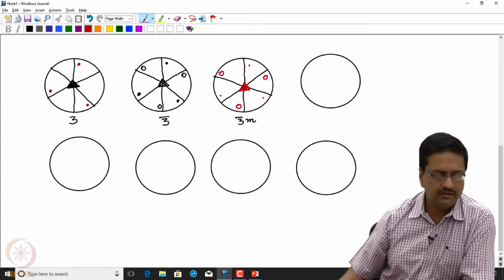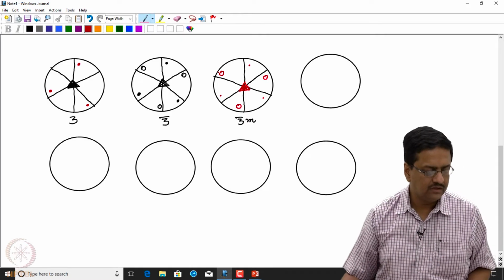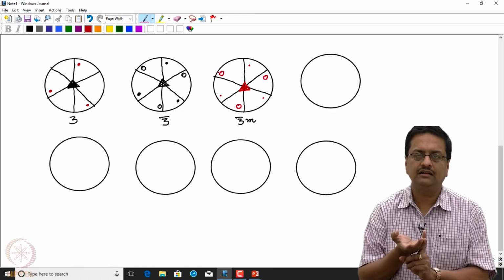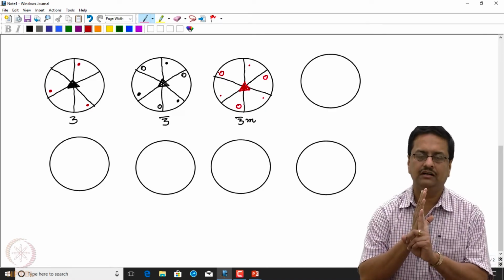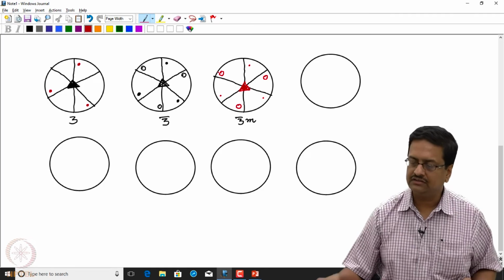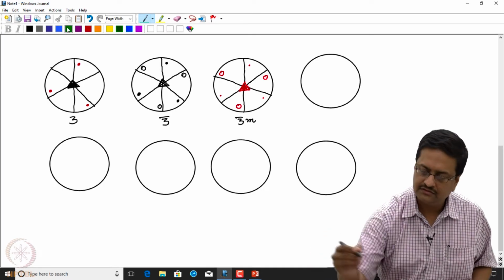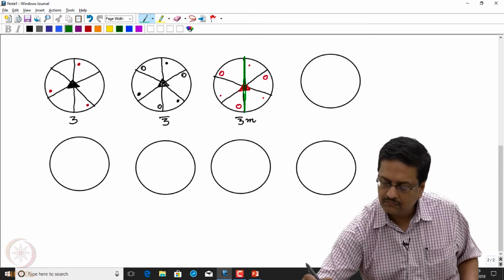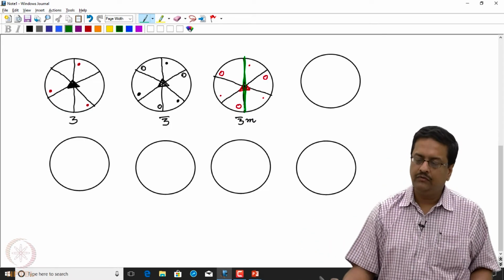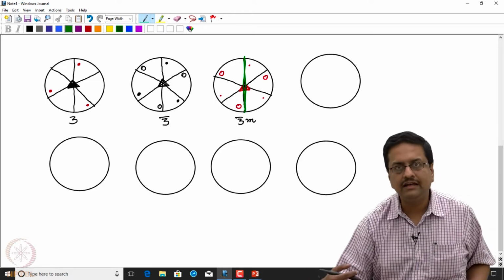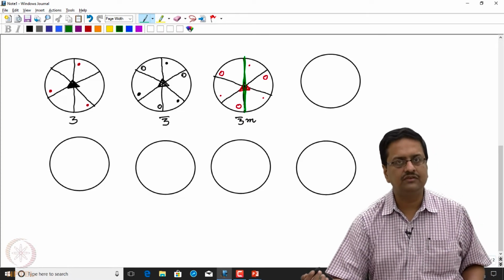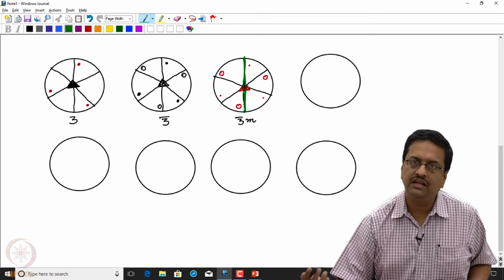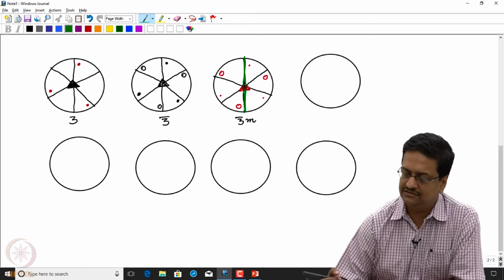And when we are saying this as M, this M is not perpendicular to 3 bar, it is along the 3 bar. So we can consider this M as one of these lines. When it is 3 by M, then it is perpendicular to the 3-fold, but when it is 3M or 3 bar M, that mirror contains the 3-fold axis or 3 bar axis.